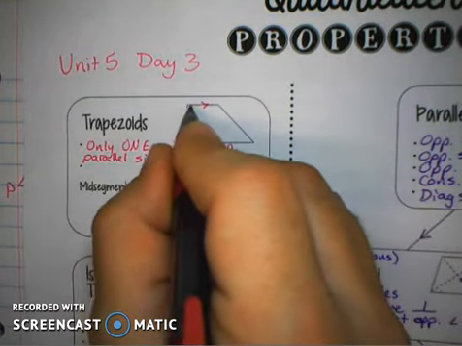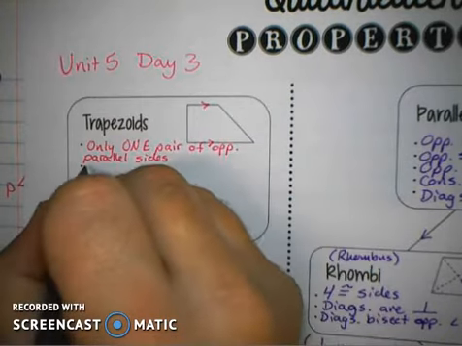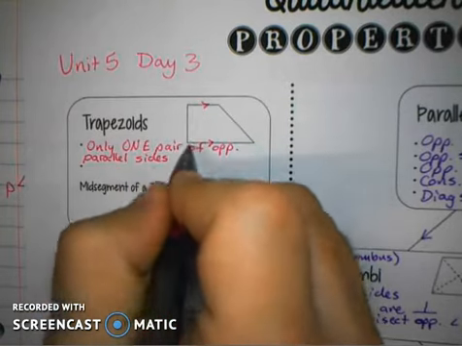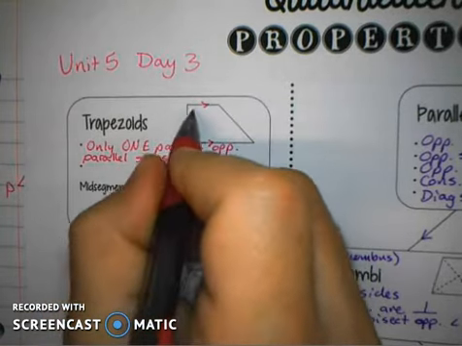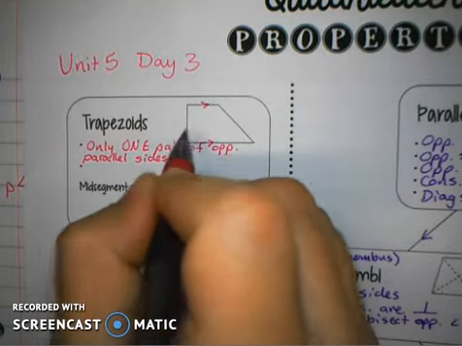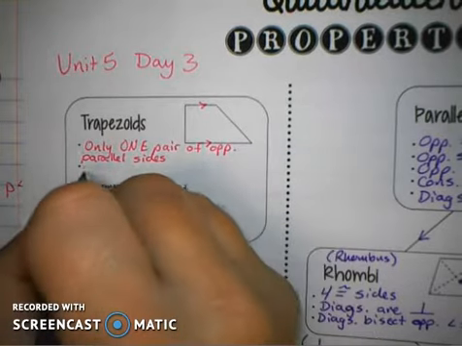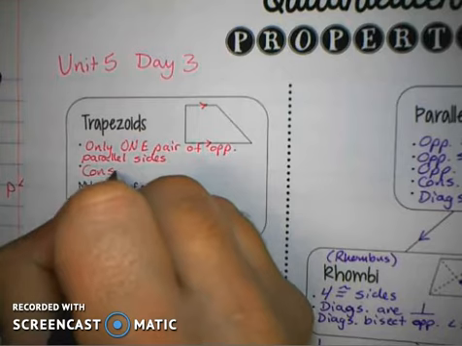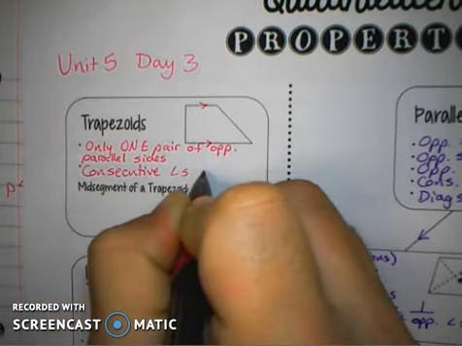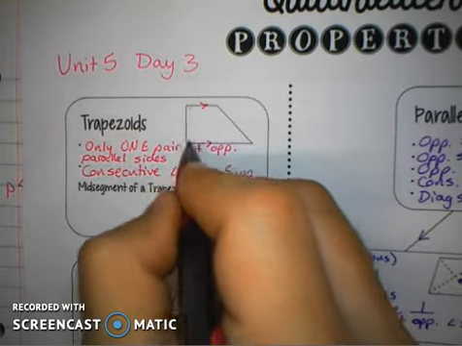But since we do have that one pair of opposite sides that are parallel, we do get that consecutive angles are supplementary along those parallel sides, okay? So these consecutive angles are supplementary, and these are, not all four. We don't go along the parallel lines, we go across from each other. So we have consecutive angles are supplementary on either side of that.